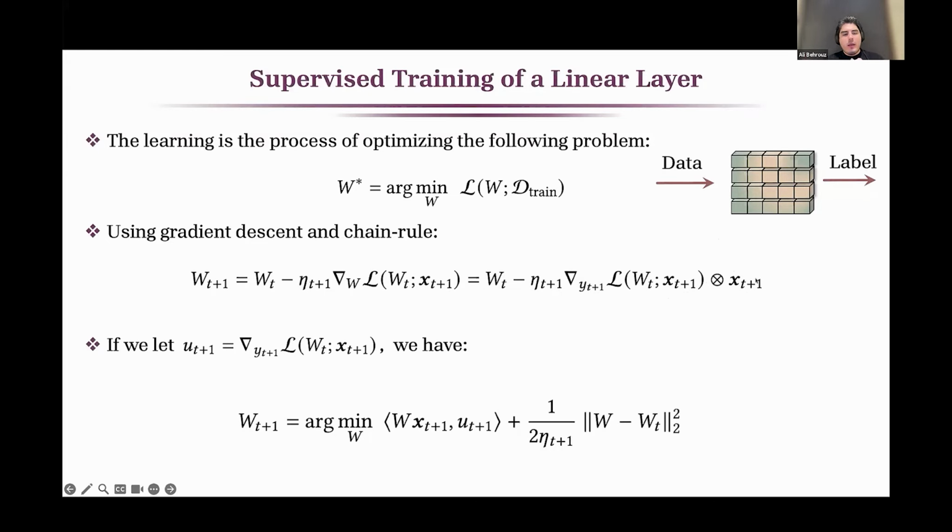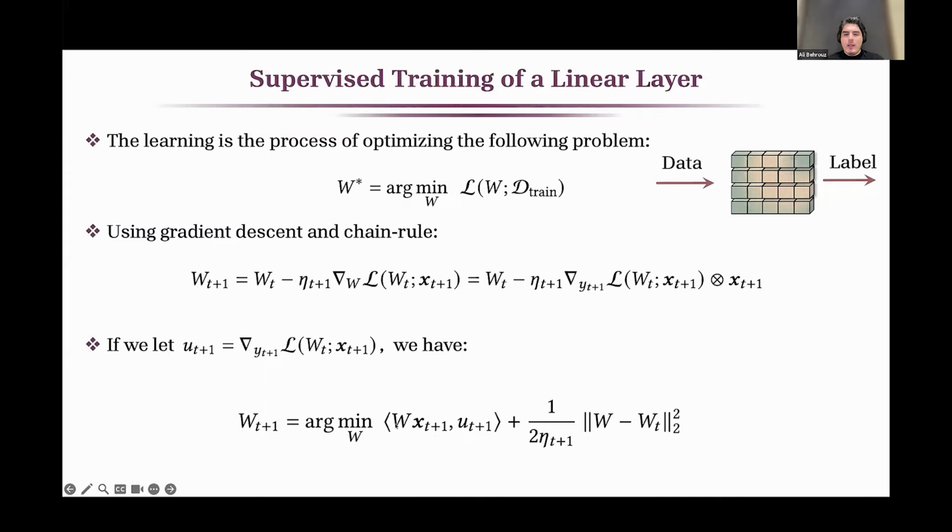Now let's say that I just want to call this gradient component ut+1, and we can simply see that this update rule that I have here is equivalent to solving this specific optimization problem. So if I solve this specific optimization problem, then I can see that Wt+1 would be equivalent to what I have here.